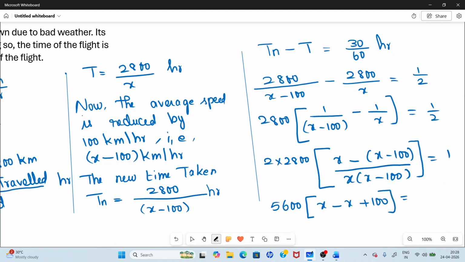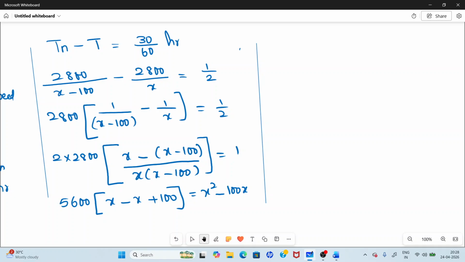equal to this denominator goes to RHS. So x square minus 100x. So x minus x get cancelled. 5600 into 100 equal to x square minus 100x.